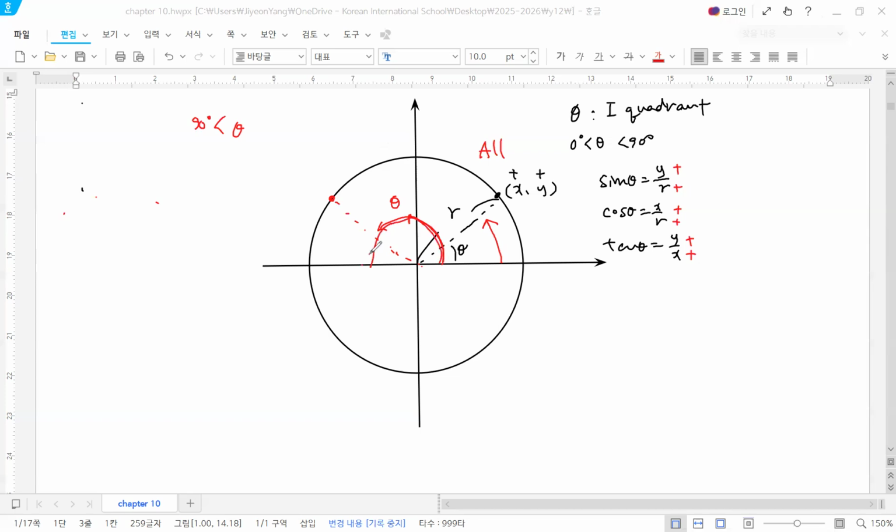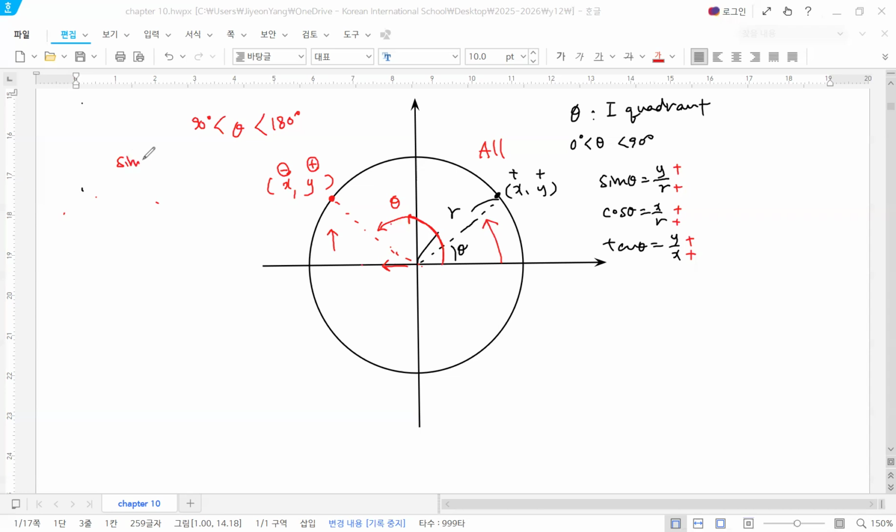Because if it's more than 180 degrees, it's going to move to the third quadrant. So less than 180 degrees. And then let's observe the coordinate of this quadrant. The value of x is negative, right? Because it's here. The value of y is still positive.